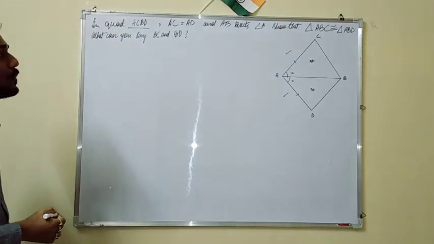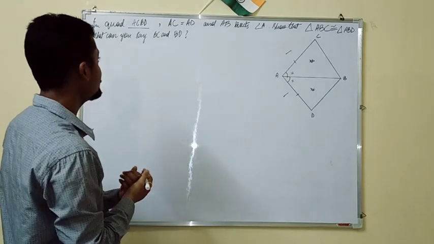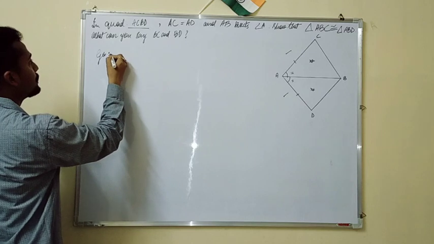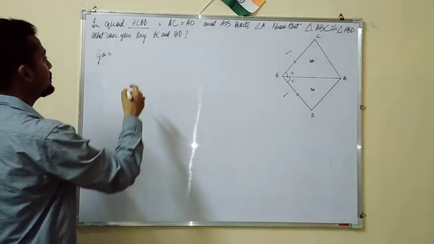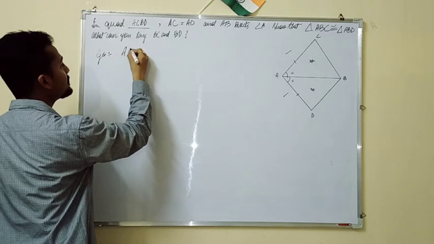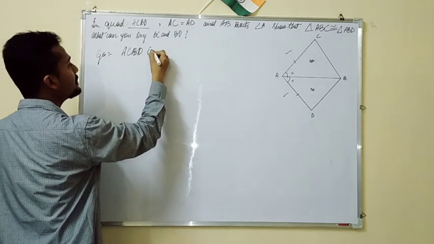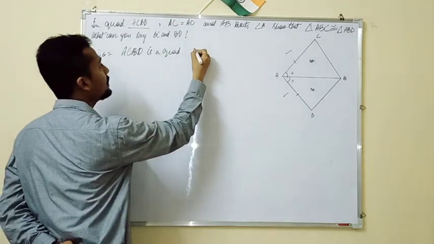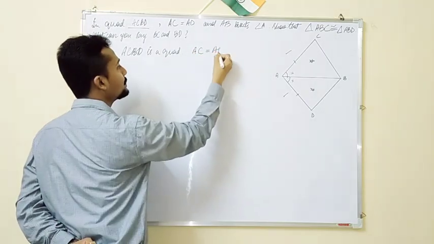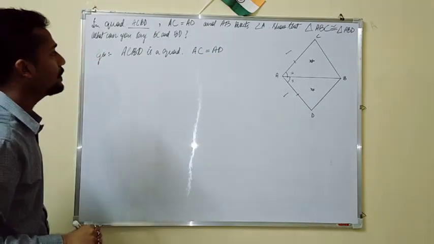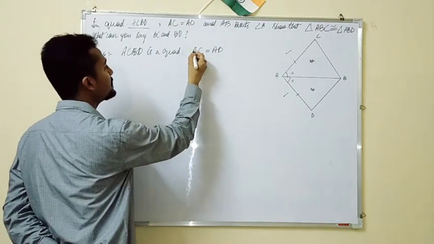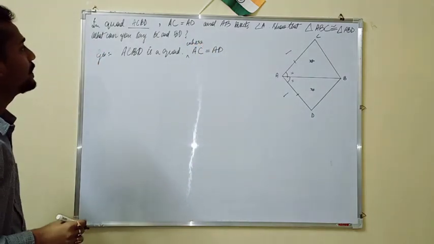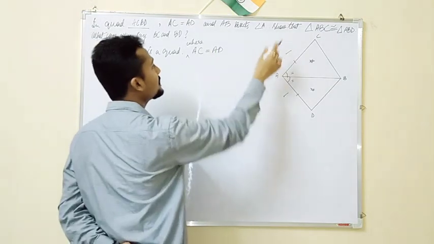Okay, so how to do? What is given in this particular question? Given: ACBD is a quadrilateral where AC is equal to AD and AB bisects angle A. What does that mean?